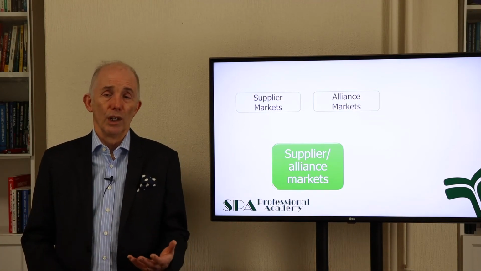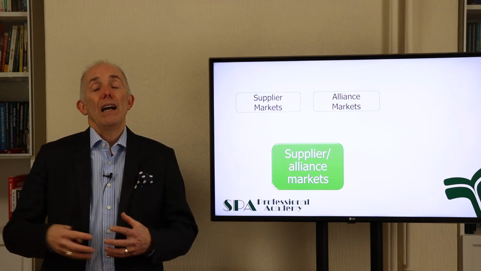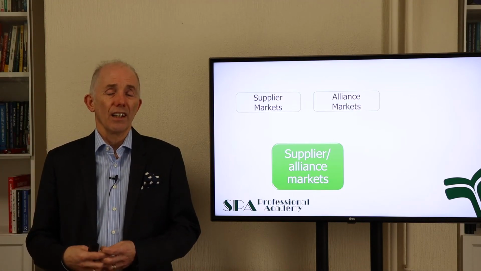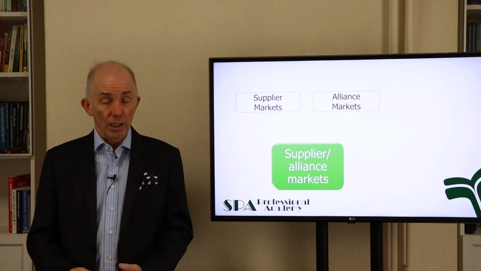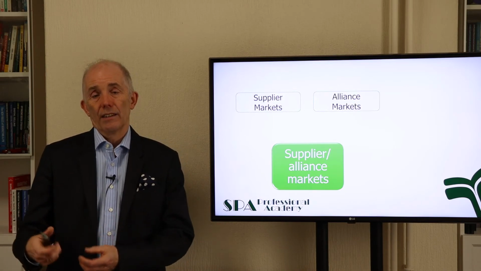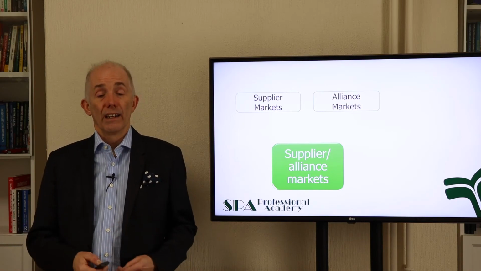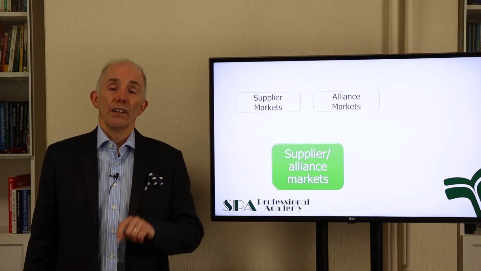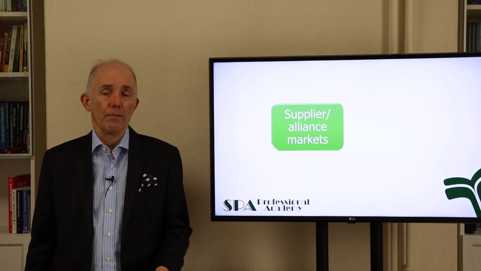It could be competitor partners, but anywhere that the organisation has an alliance with others is important. Building those relationships, and understanding those relationships as part of our stakeholder analysis. So suppliers and alliance markets, another area that matters.